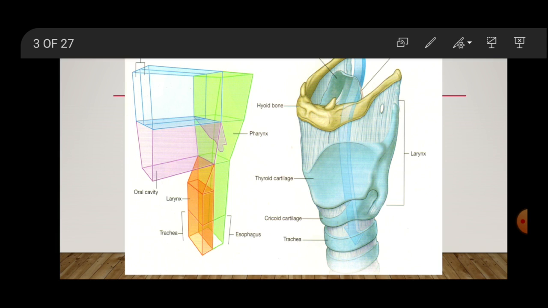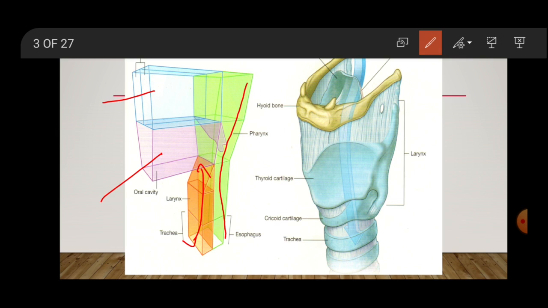This picture on the left side shows the cavities. This is the nasal cavity, this is the oral cavity, and the green colored structure at the back is the pharynx, and this is the larynx. So what's the extent of the larynx?